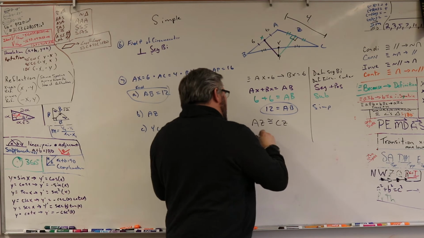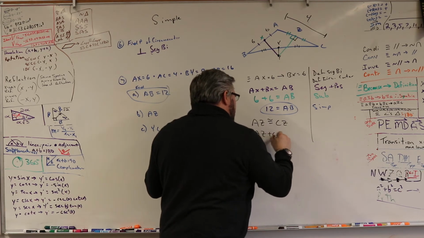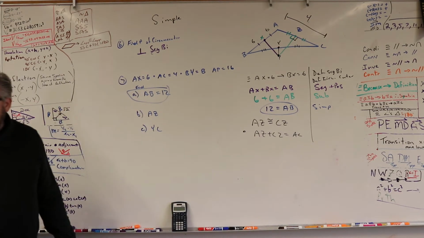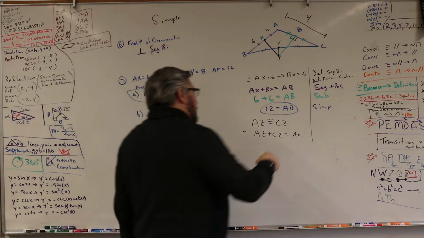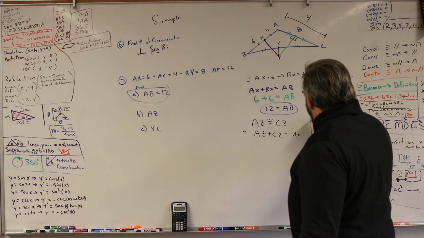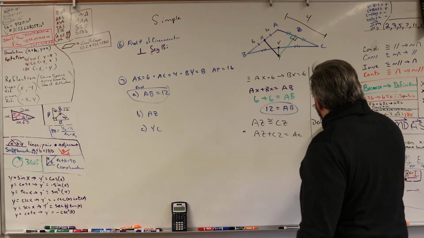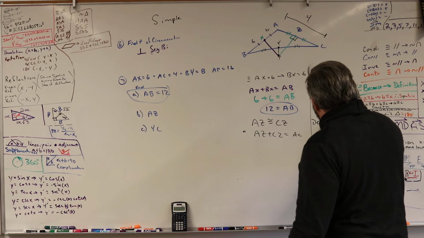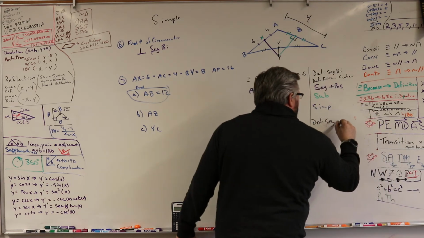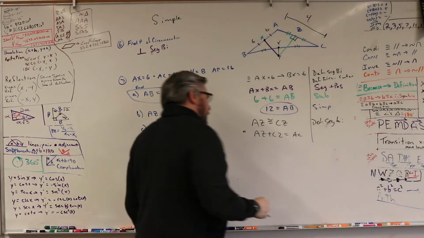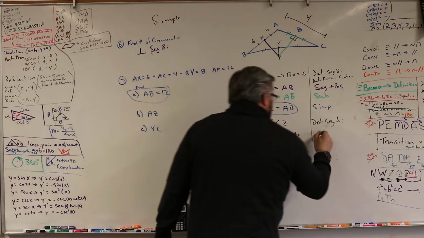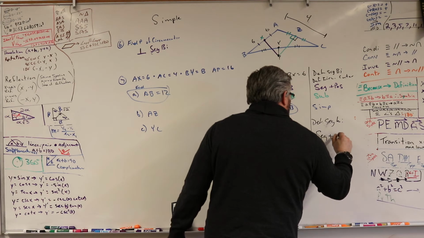And I know that AZ plus CZ equals AC. So, definition of a segment bisector, and then segment addition postulate.